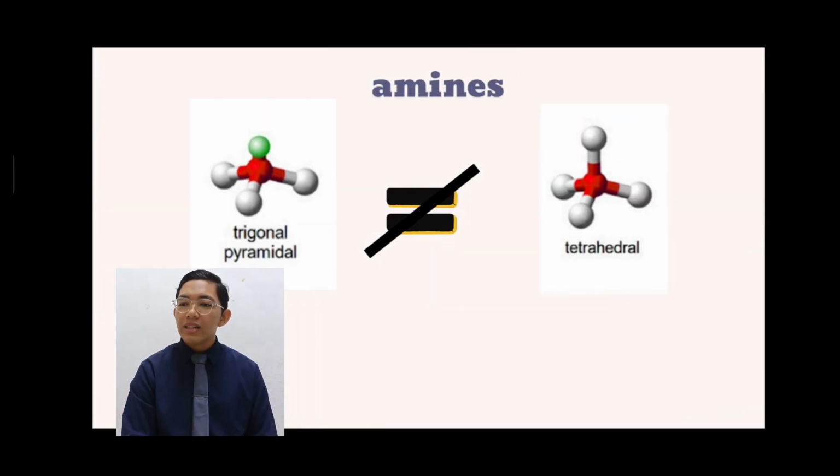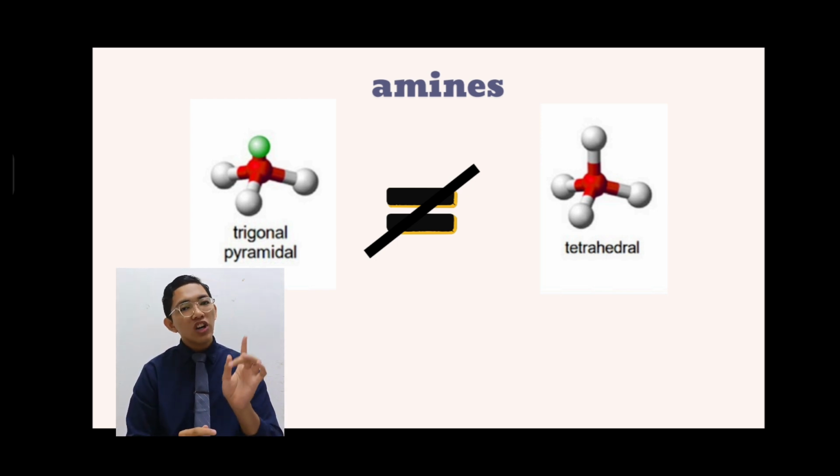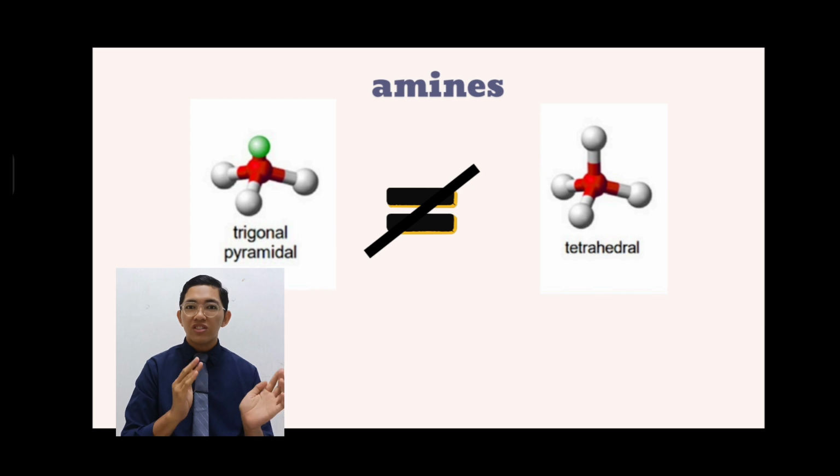In addition, amines are sp3 hybridized and their shape is trigonal pyramidal geometry. What? Trigonal pyramidal geometry? Not tetrahedral? It's supposed to be tetrahedral when it's sp3 hybridized, right?